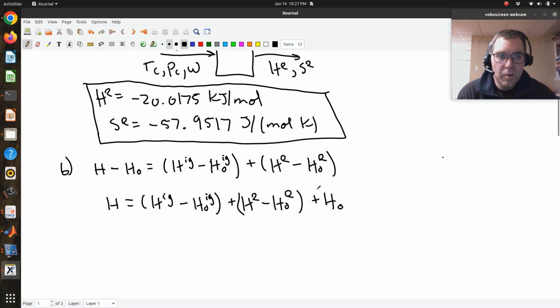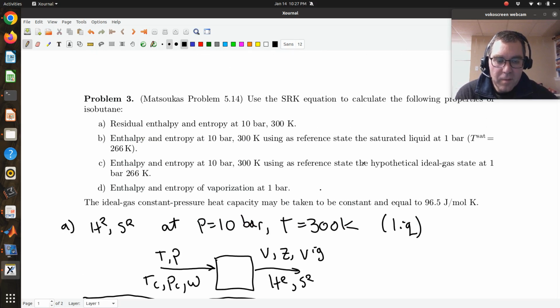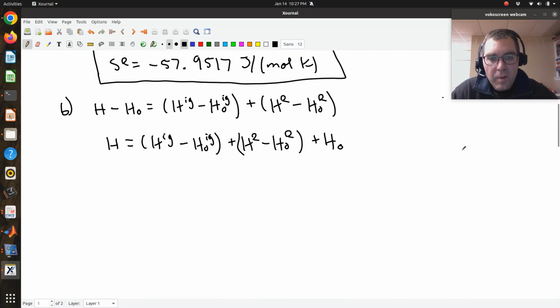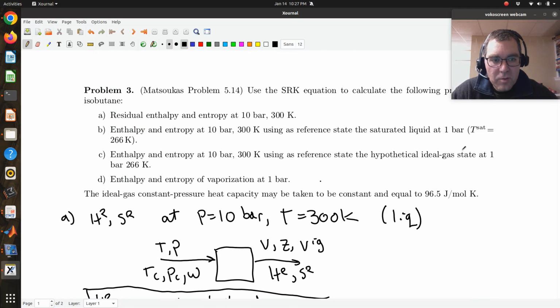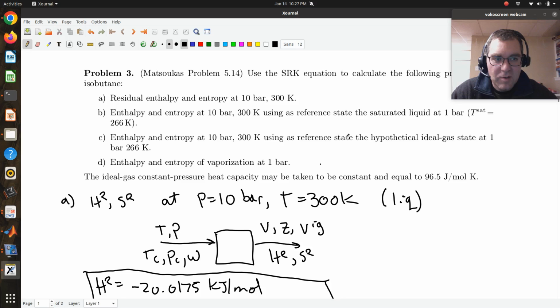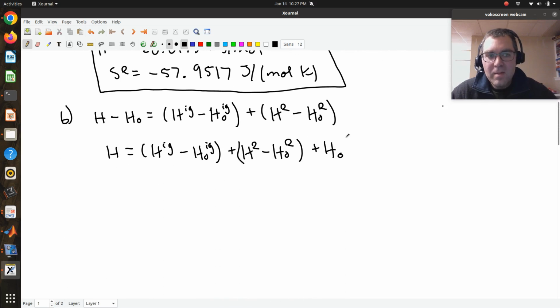So now what do I do? In this problem, state 0 is going to correspond to a state at 1 bar and 266 Kelvin. But we're told to use as a reference state the saturated liquid at 1 bar and 266 Kelvin. So that's going to correspond to the actual state. So H naught, which is the enthalpy of my actual state at 1 bar and 266 Kelvin, I'm going to take it to be 0.